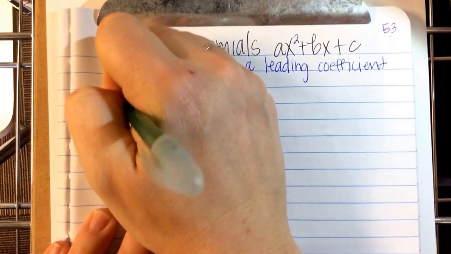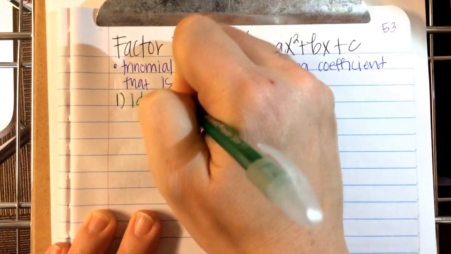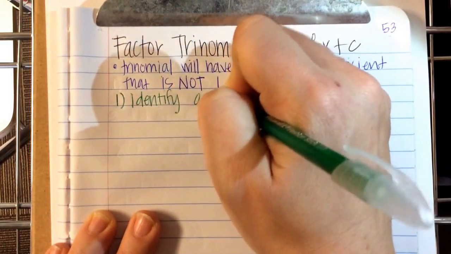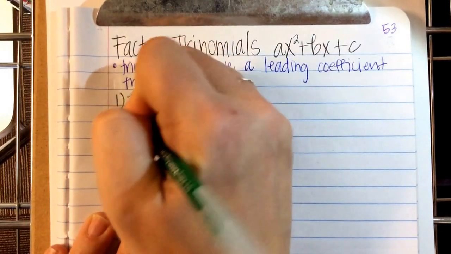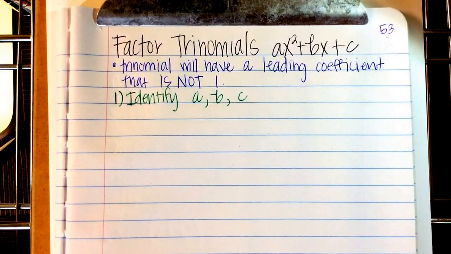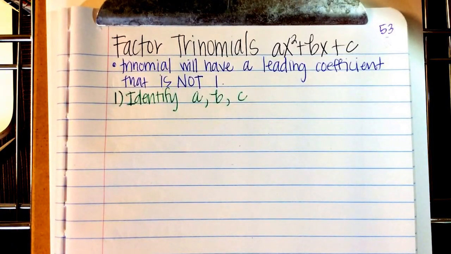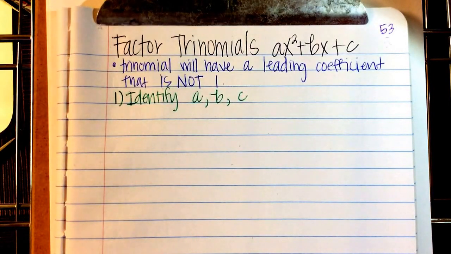So the first thing I want you to do today is identify A, B, and C. Identify the values of A, B, and C. You don't have to write it down, but you just have to look at it and say, okay, this is A, this one's B, and this one's C. How do you know which one's A?